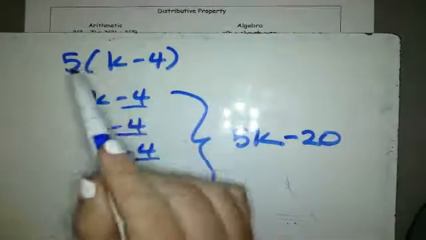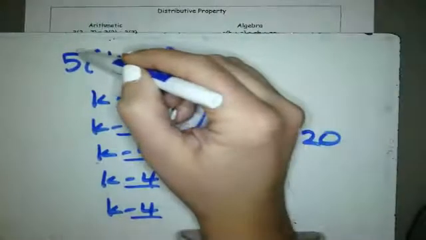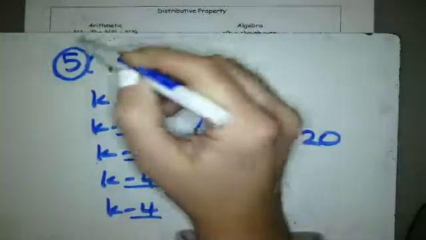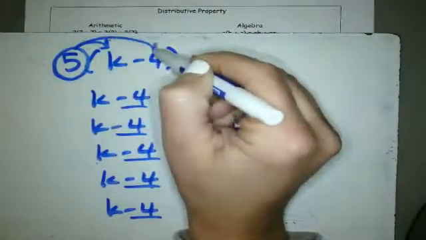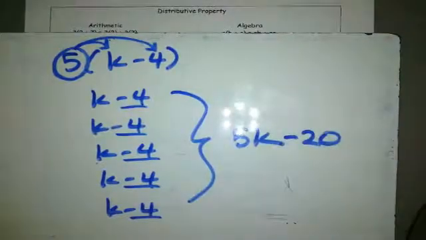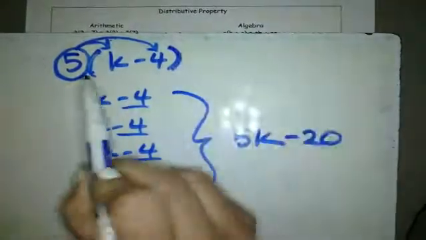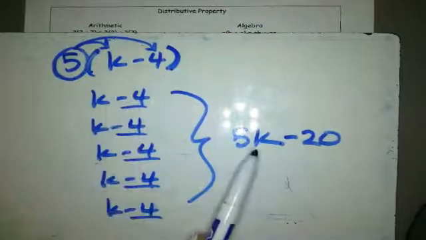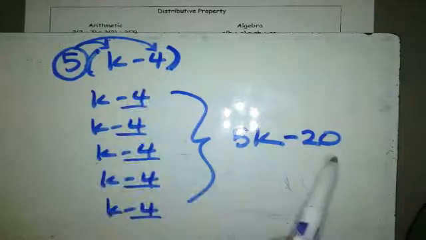This is multiplication, 5 groups of k minus 4. So what we do here is we circle this 5 because it's on the outside of the parentheses, and we draw arrows to each term inside the parentheses. It's very important that you do that. And then, because parentheses indicate multiplication, you're going to multiply 5 times k, which is 5k, and then 5 times -4, which is -20.